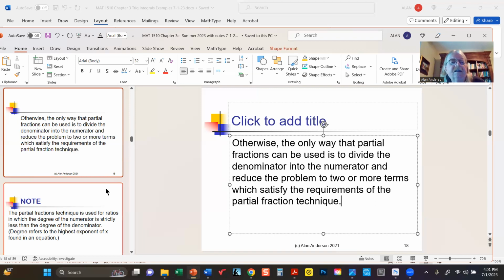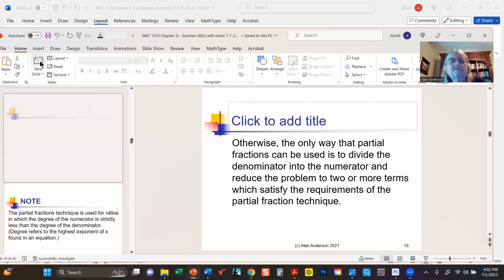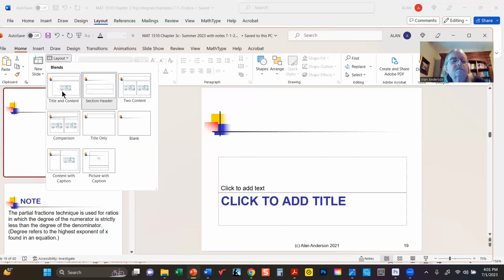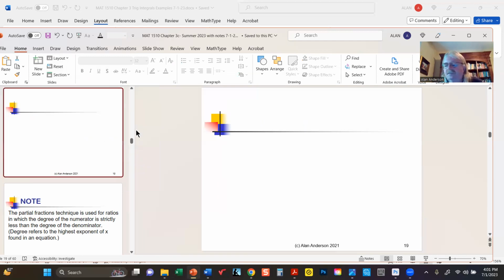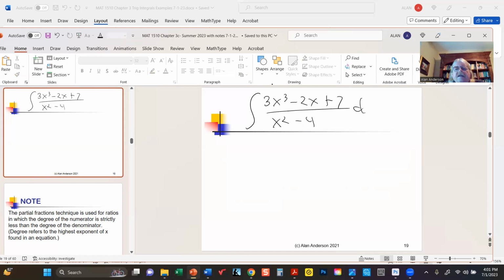If you've got something like this, in a case like this, for example, here the numerator is divided by the denominator.